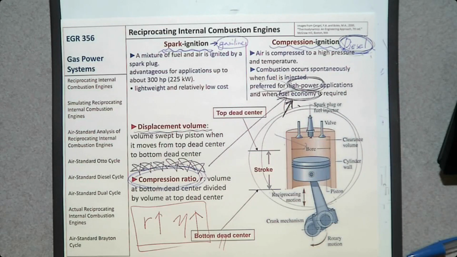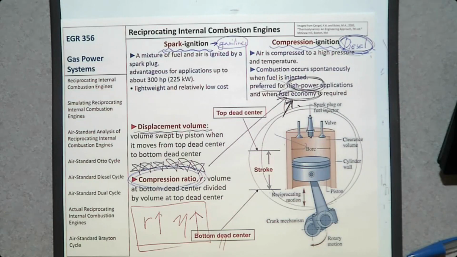Then what is the difference? When you make it tall, that means you have more piston travel moving up and down, right? So that will increase the compression ratio. So when you want to achieve higher pressure and higher efficiency, one of the ways is to make it as tall as possible.